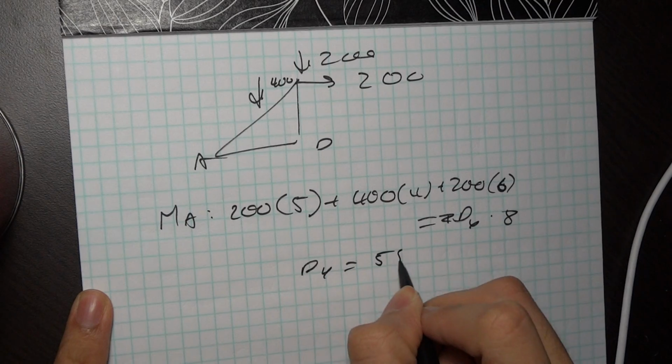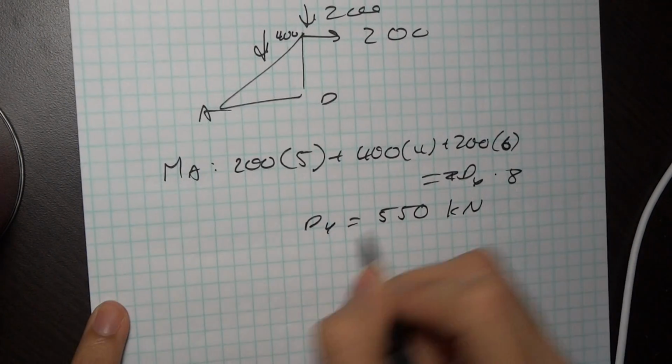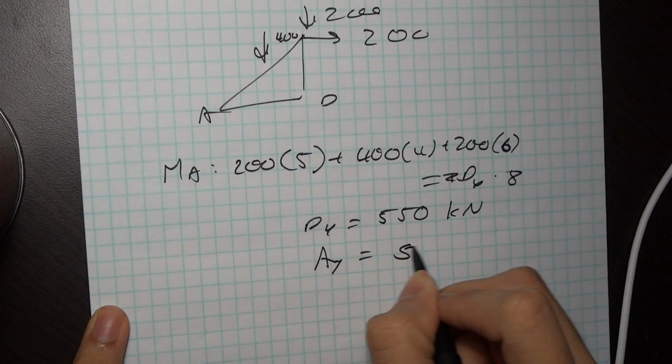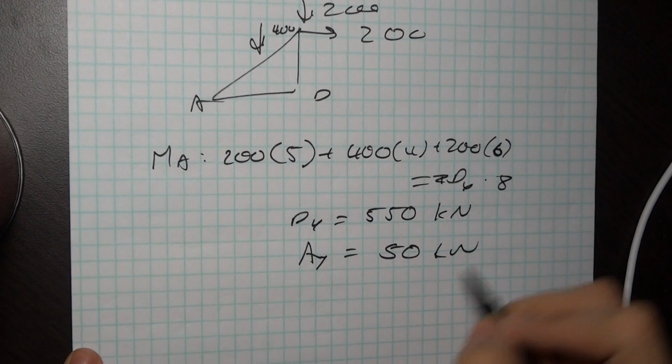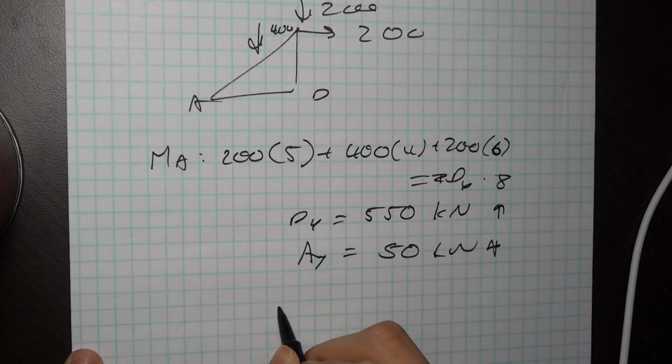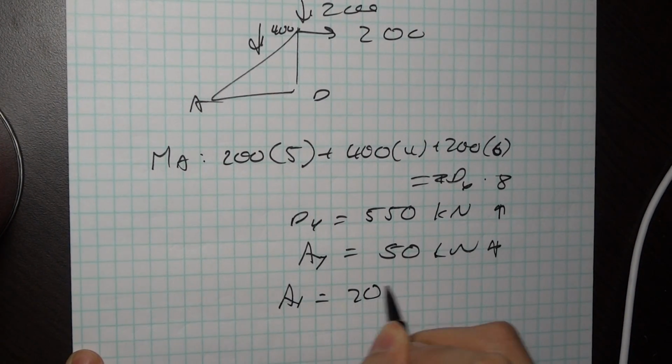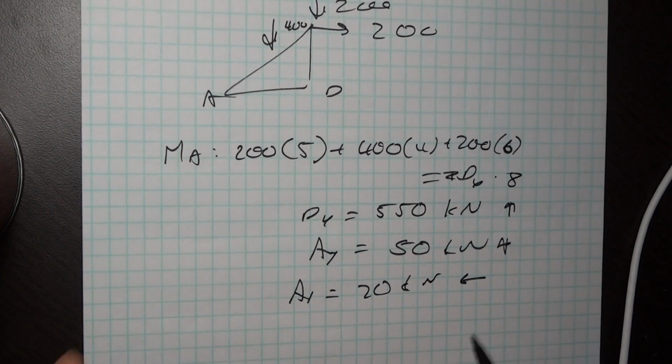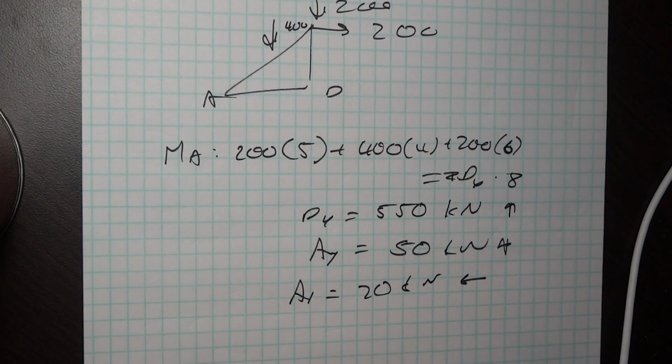Dy will be 550 kilonewtons. Ay will be 50 kilonewtons. These are both going upwards. And Ax will be equal to 20 kilonewtons to the right. Okay, so those are your reactions.